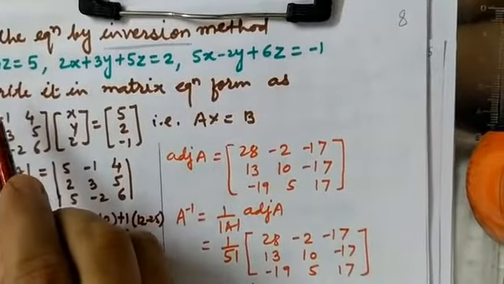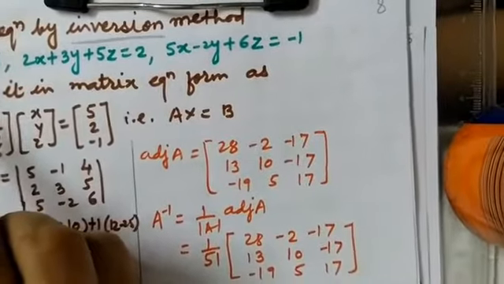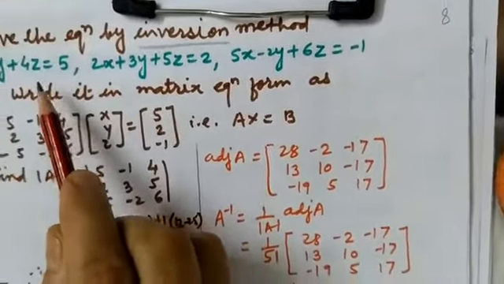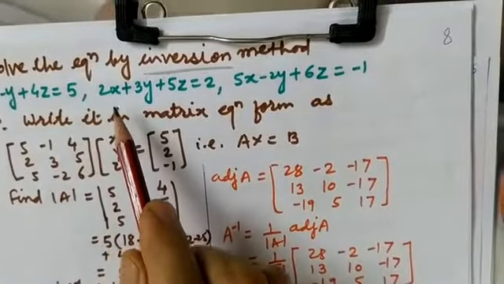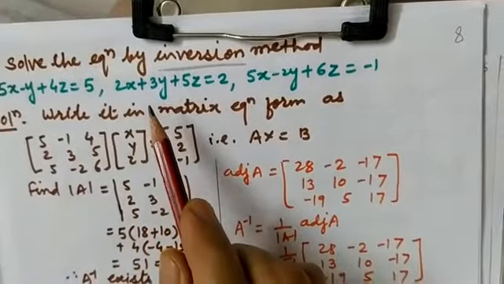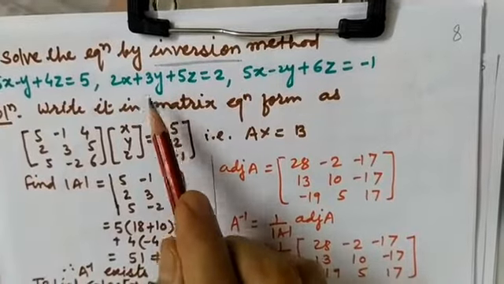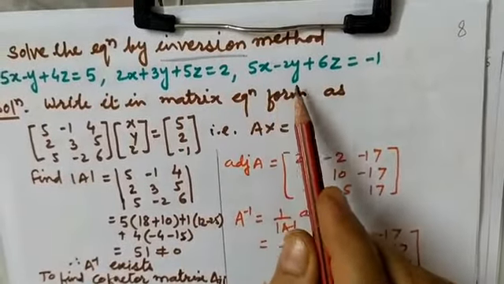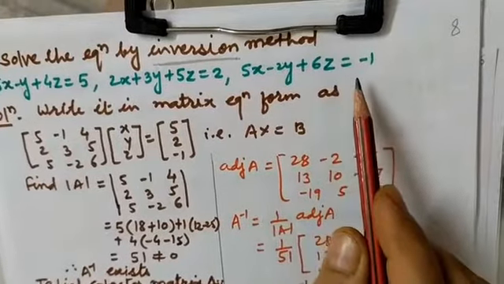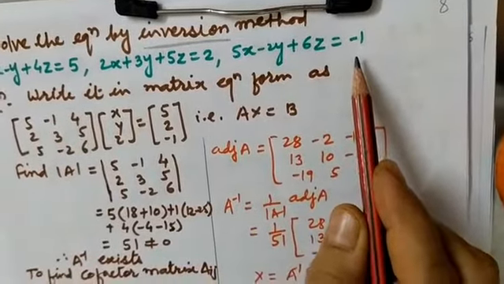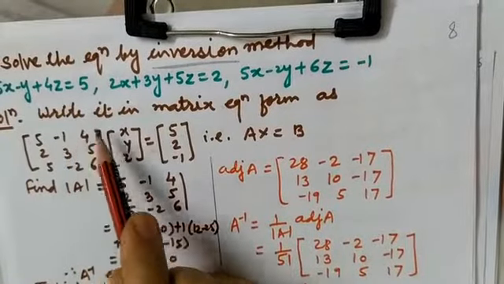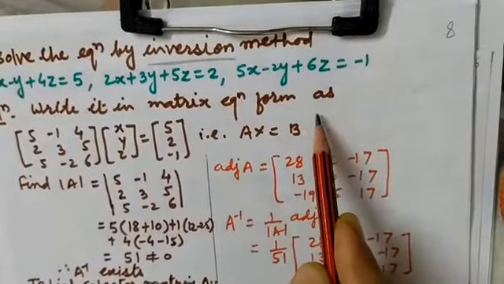Consider the equations: 5x minus y plus 4z equal to 5, 2x plus 3y plus 5z equal to 2, and 5x minus 2y plus 6z equal to minus 1. For the solution, write the equations in matrix form.